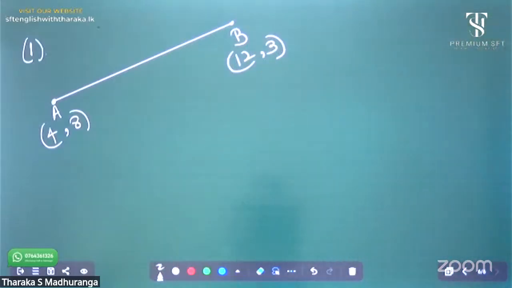Now you can use short methods. You don't need to draw on a Cartesian plane.